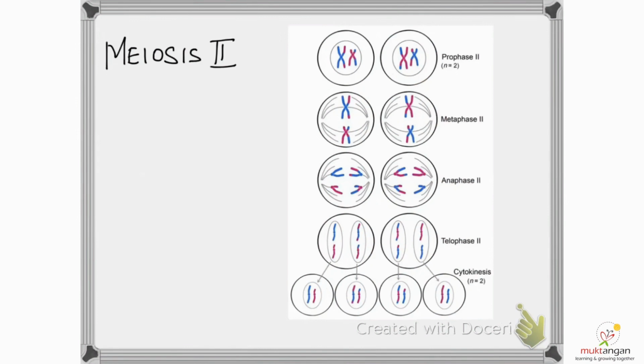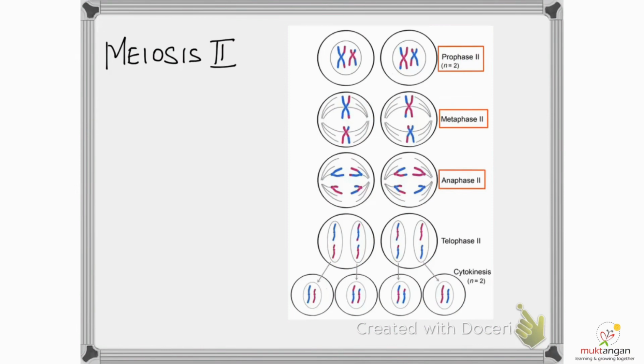In meiosis 2, this is very similar to mitosis. Here in prophase 2, the chromosomes condense again and the nuclear membrane disappears. In metaphase 2, the chromosomes align themselves along the equatorial plane of the cell.